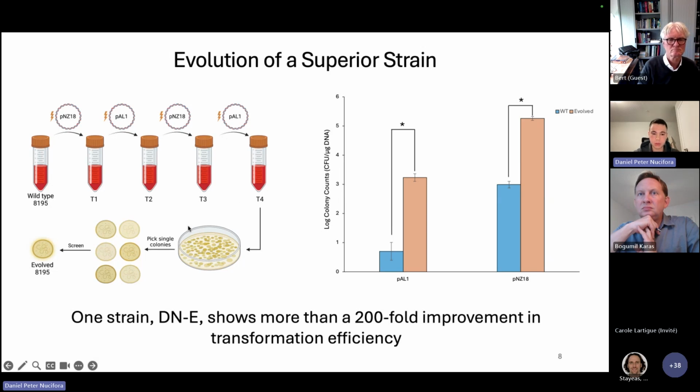And I then took this final pool of strains and screened a few for improved transformation. And we were happy to see that one of these strains showed a drastically improved transformation efficiency relative to wild type, and we've called this strain DNE, which has been deposited at the ATCC. So moving forward, I may refer to strain 8195 as DNE, since this is the strain that we typically work with now. Just know that it's part of the 8195 lineage.